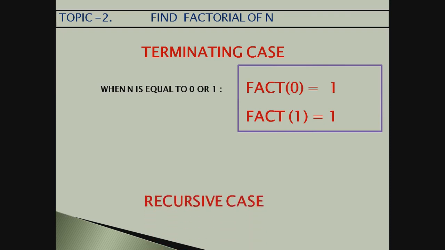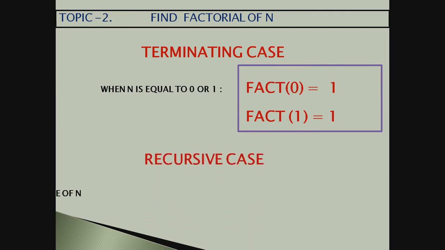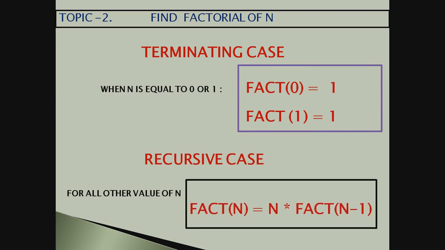In the recursive case, we all know that fact n is going to be written as n into fact n minus 1. These two findings will help us to code the factorial function, that is the function fact, which takes n as parameter.